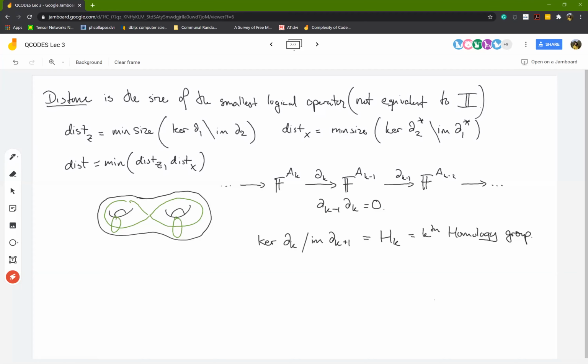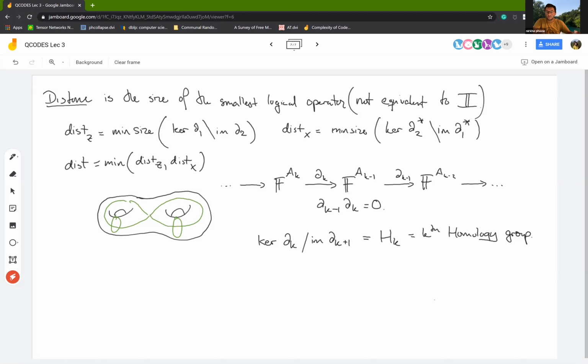Putting it in this framework of the chain complex is nice because it gives us a tool to find such instances. It may not be necessary to actually construct them. As soon as I have a delta_1, delta_2 such that they multiply to 0, I certainly have a CSS code. And there exists a chain complex which contains it.